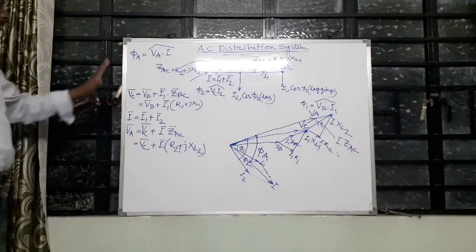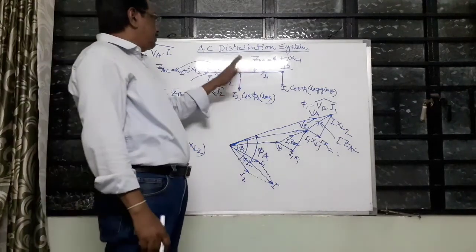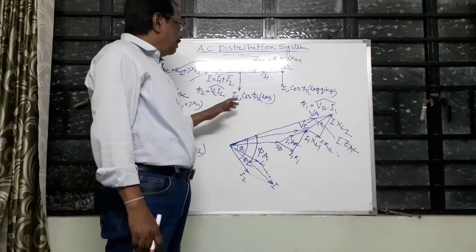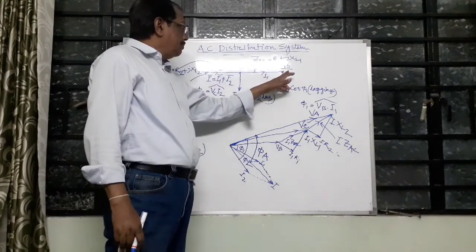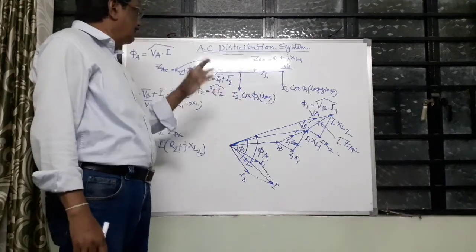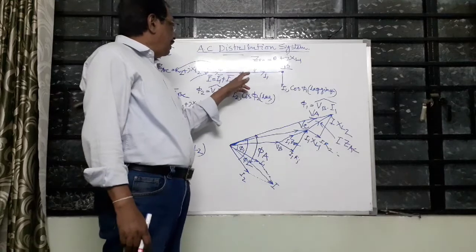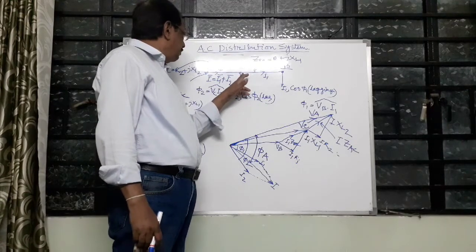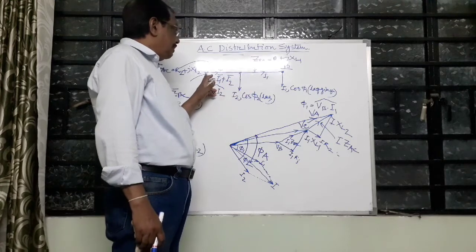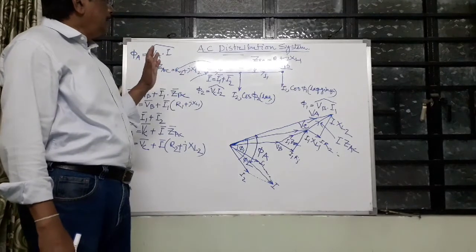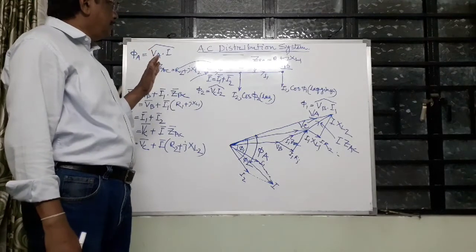If the impedance, resistance and reactance are given, and the last terminal voltage is given, we can calculate the voltage at any point, at C and at A. So this is the AC single phase system.